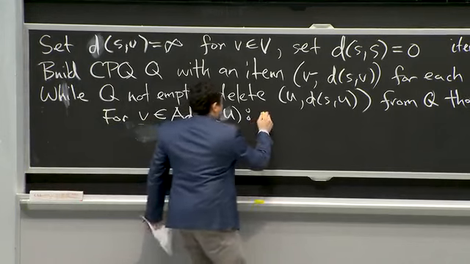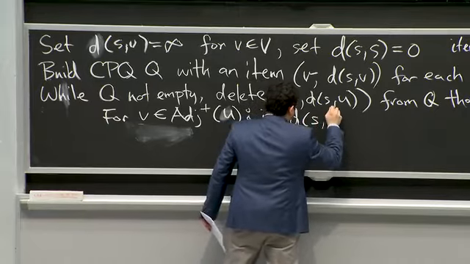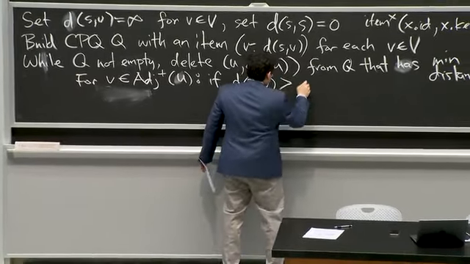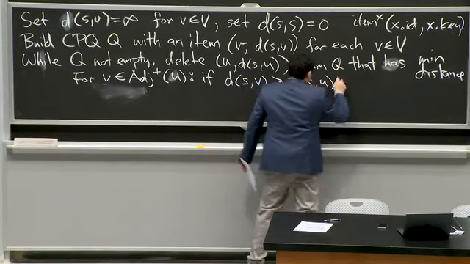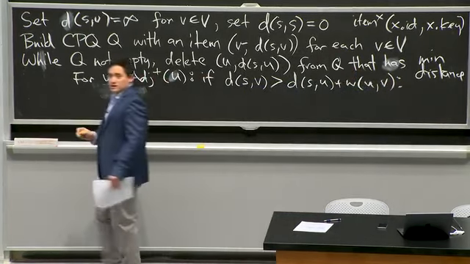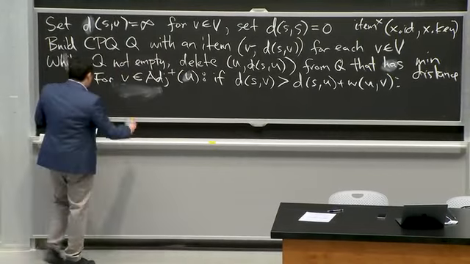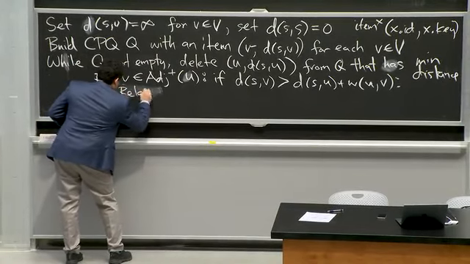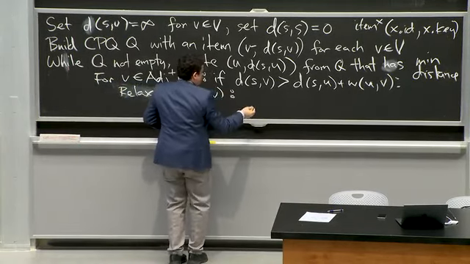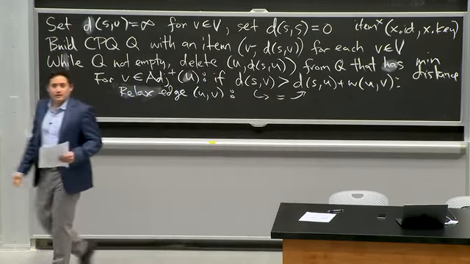Basically, if D, the shortest path distance estimate to V, is greater than going to U first and then crossing that edge, if going through that is better, this is violating our triangle inequality. And so we relax edge UV, and by that we mean set this thing to be equal to that thing. That's what we meant by relax.